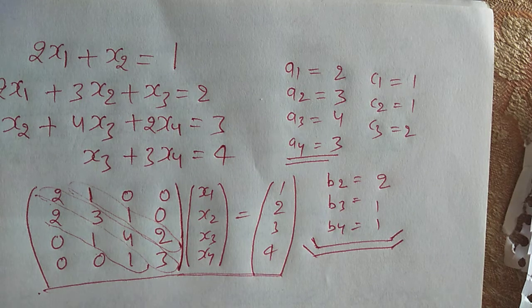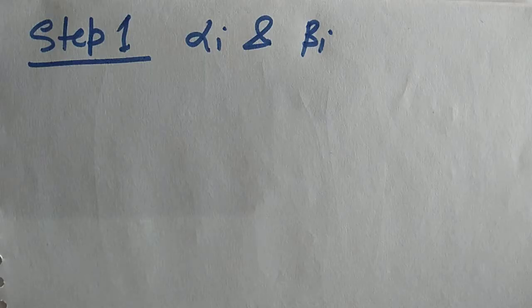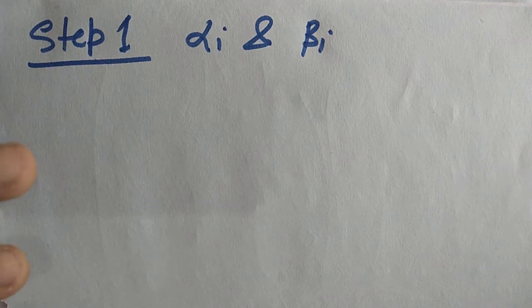This method is based on the Gauss elimination method, so we are not going to do the Gauss elimination here. I am going to write the direct formula so you can get the answer easily. The first step of this problem is finding alpha i and beta i.